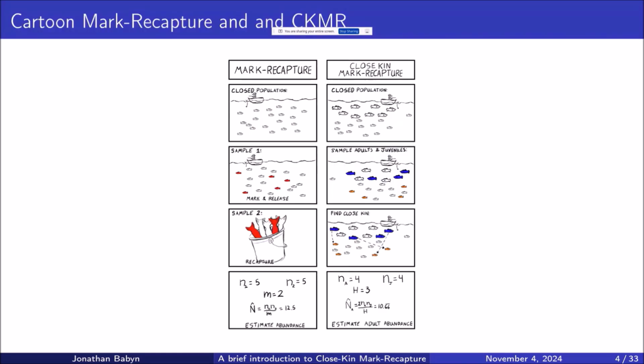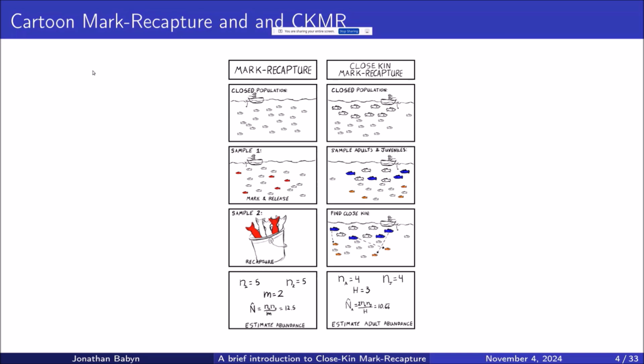I'm sure most people watching this have a pretty good idea of what traditional Mark-Recapture is, but for the sake of comparison, as well as to get everybody on the same page, I have this comic strip that I've created that shows a very simple example of Mark-Recapture and a very simple example of close-kin Mark-Recapture.